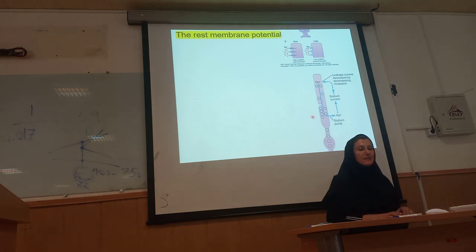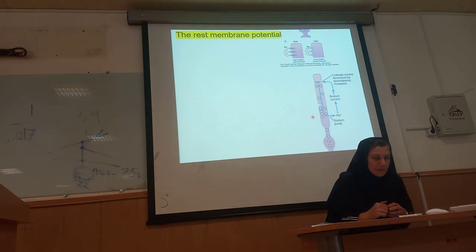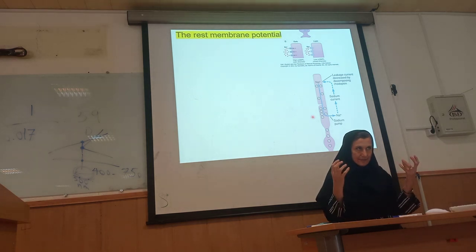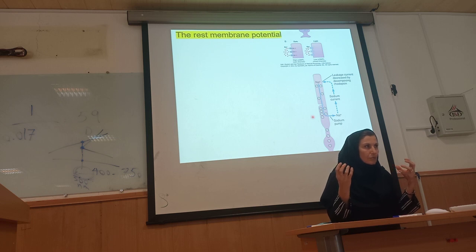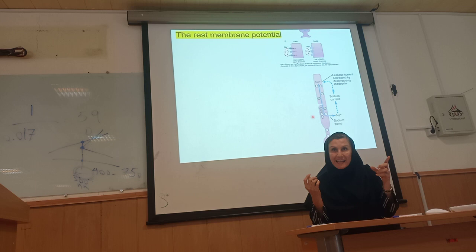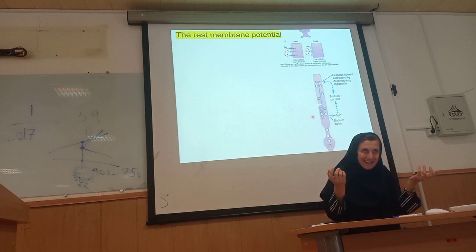At first, pay attention, they are neural cells. When we speak about neural cells, we should explain the rest membrane potential, because they are excitable cells.